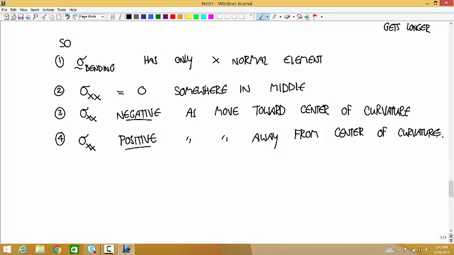So notice that creates this difference. This is a new thing that didn't happen with the stress due to tension. When you're dealing with bending moments, the stress due to bending varies along a single cross section.